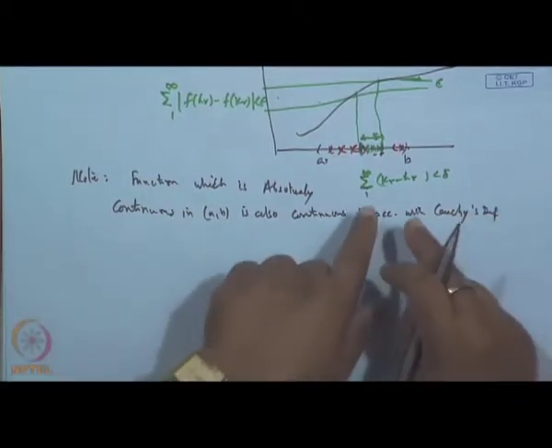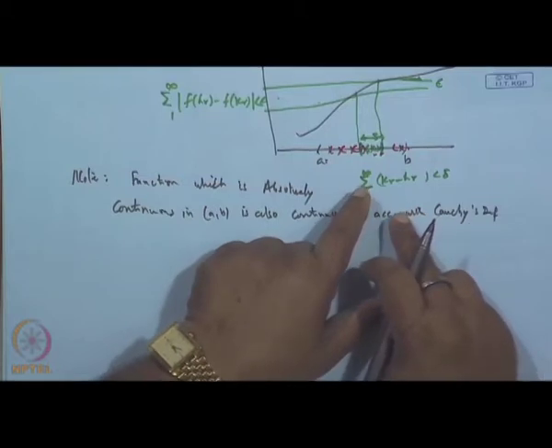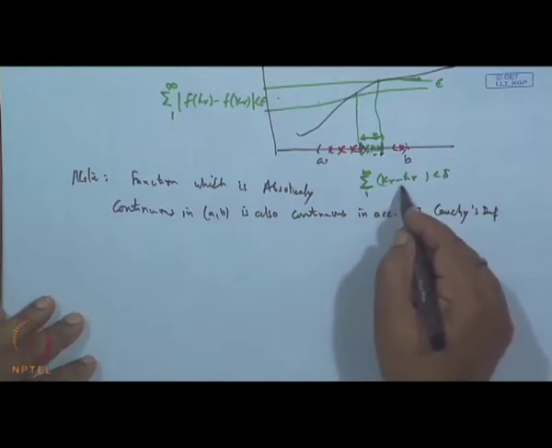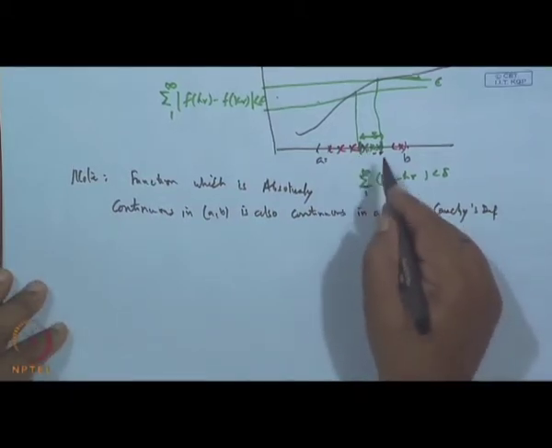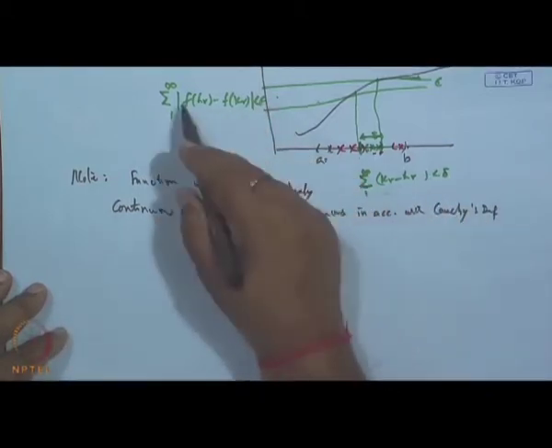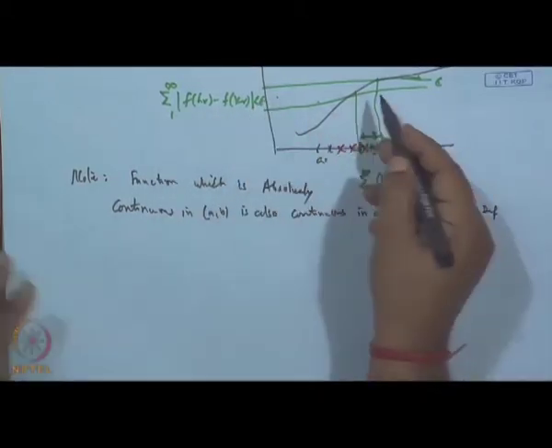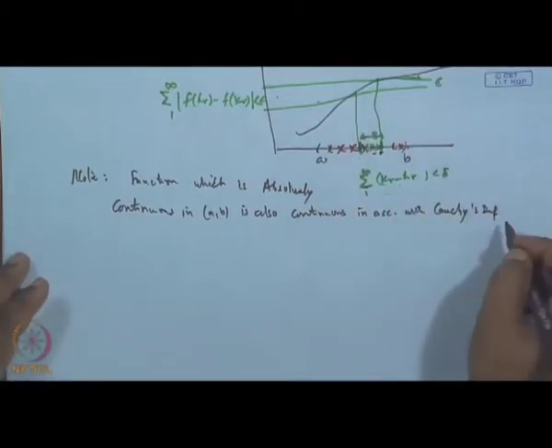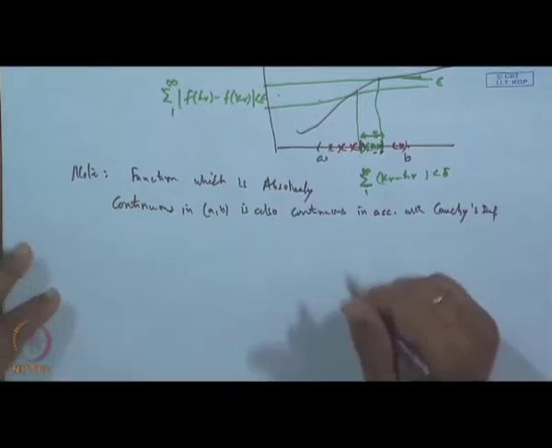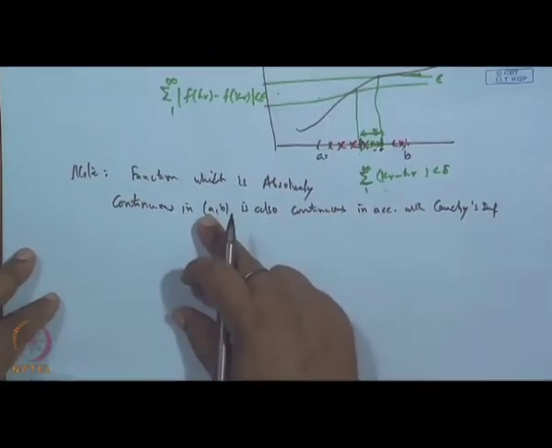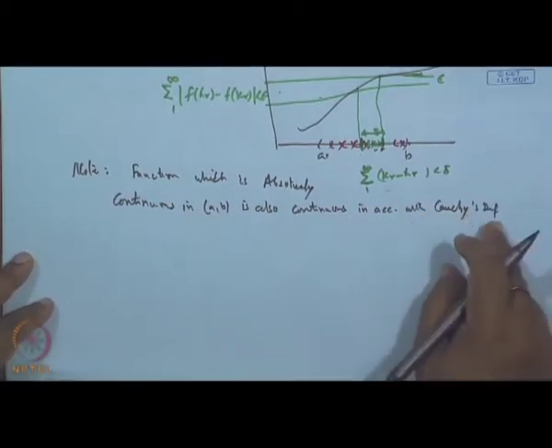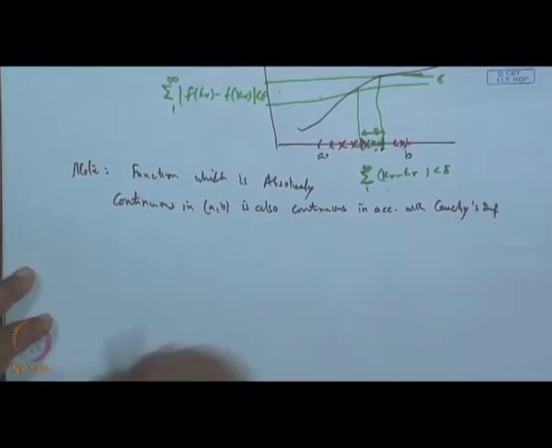Because we replace the set of intervals k r by a single small interval whose total length is less than delta, and correspondingly the total fluctuation is less than epsilon. So, this is obviously true, being weaker than the condition of uniform continuity. Similarly, we may take a single interval of length delta, and the definition of uniform continuity is also satisfied over it.